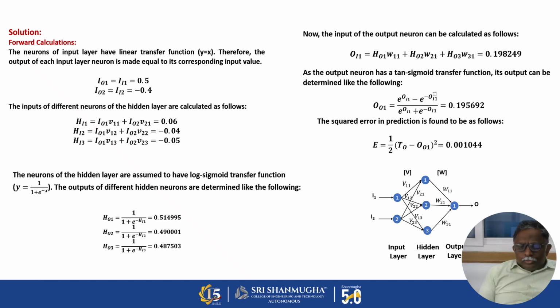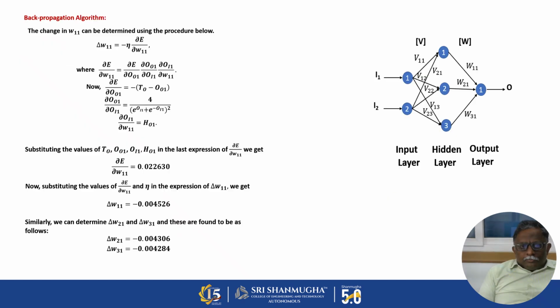So what we have to do is minimize the error. How do we minimize the error? We have to apply the gradient descent algorithm. The change in weight is going to be this one.